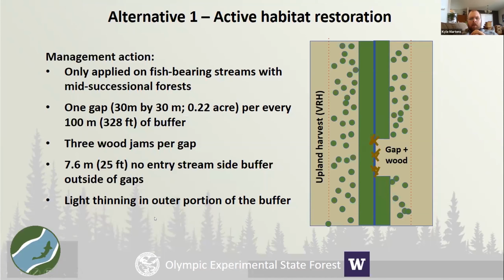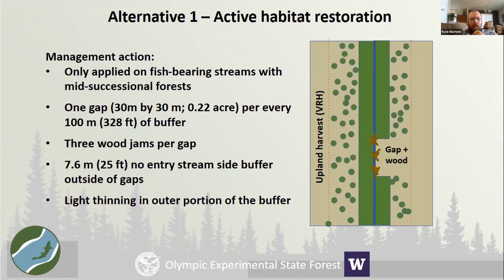So here's our active habitat restoration prescription. What we plan to do in here, and I should first note this is only going to be applied to fish-bearing streams, since this is going to be an active treatment to increase fish habitat. So we're going to create one gap per every 100 meters of buffer. And it'll be a fairly aggressive gap, about 30 meter by 30 meter.